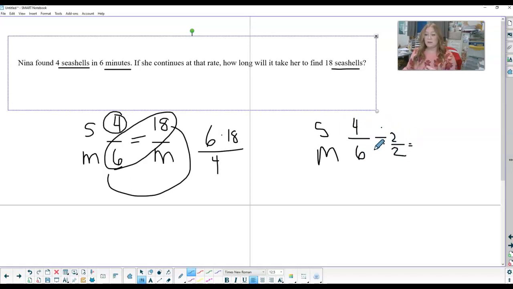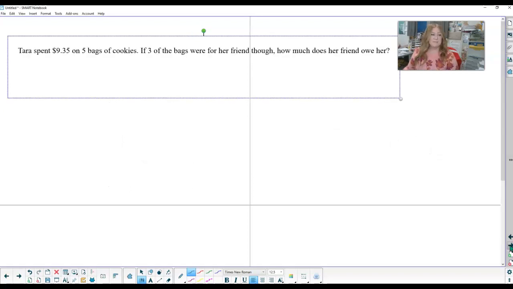I can make an equivalent ratio of 2 and 3. And then I notice 2 can go into 18, so I can do the same thing here. So there's another way you can solve that problem. So go ahead and find out how many minutes it will take her to find 18 seashells.